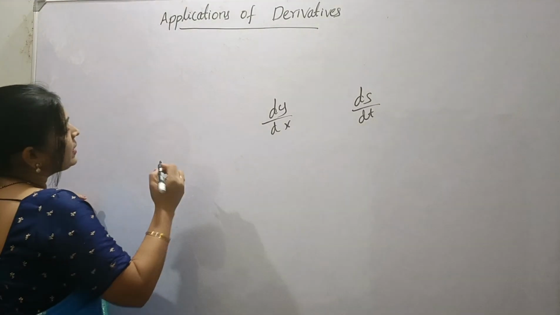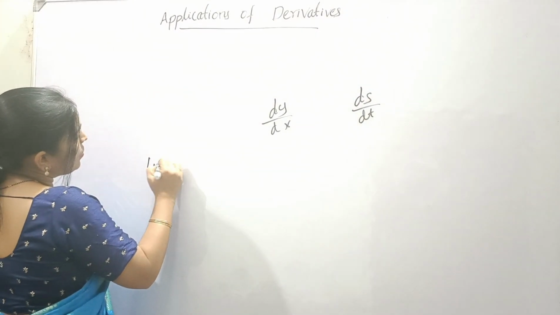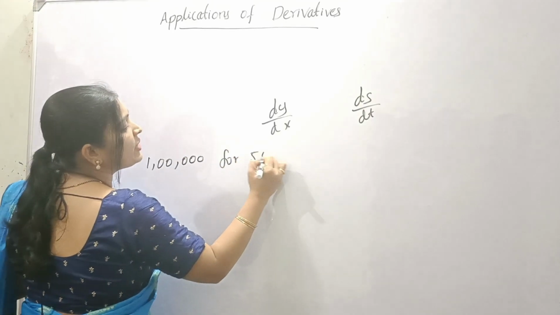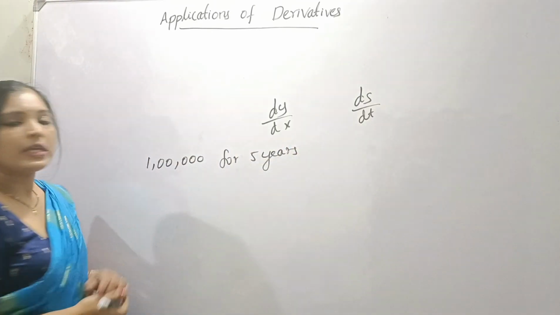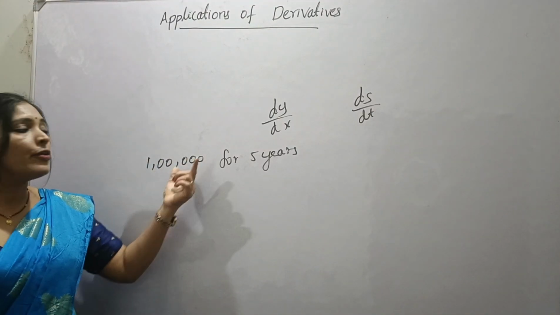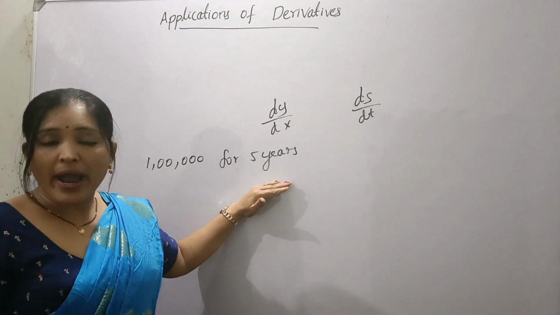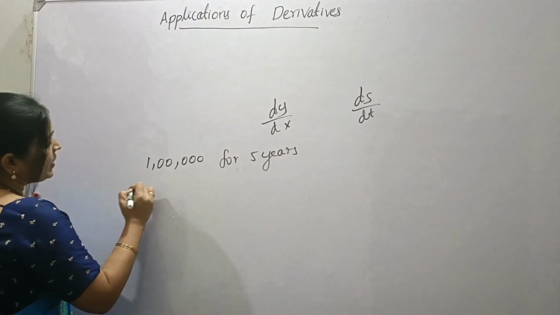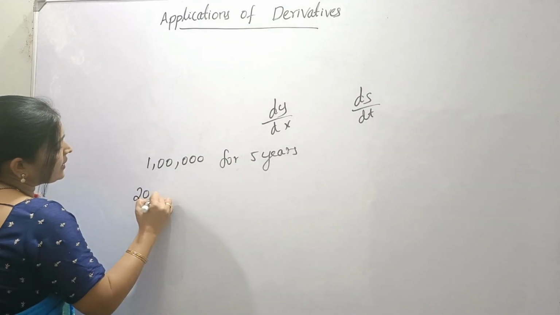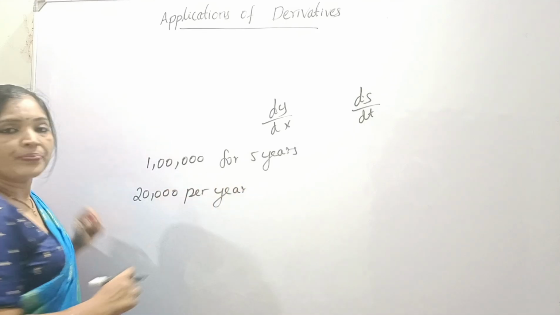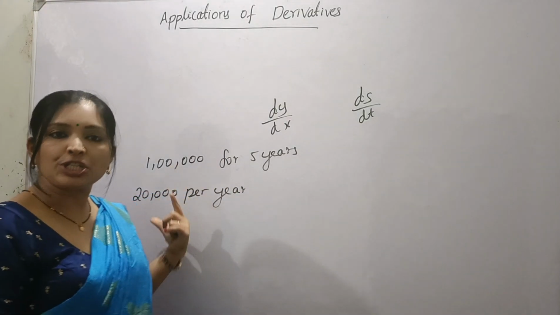If population increases by 1 lakh people in 5 years, then I say the rate of change of population is 20,000 per year.